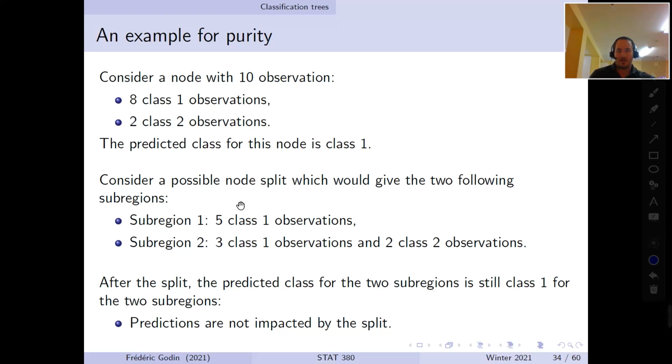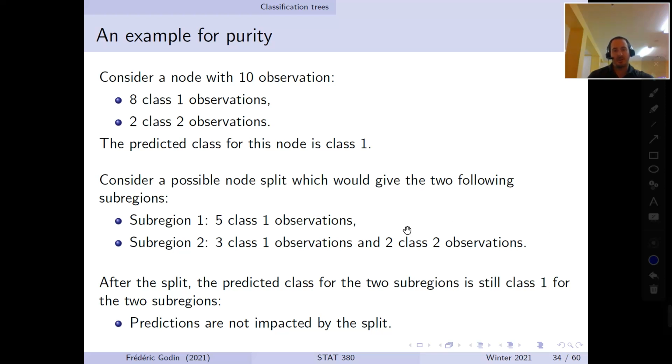The outcome would be to split into two subregions, where in subregion 1 you would have 5 class 1 observations, and in subregion 2 you would have 3 class 1 observations and 2 class 2 observations. If you had that, the predictions wouldn't change.